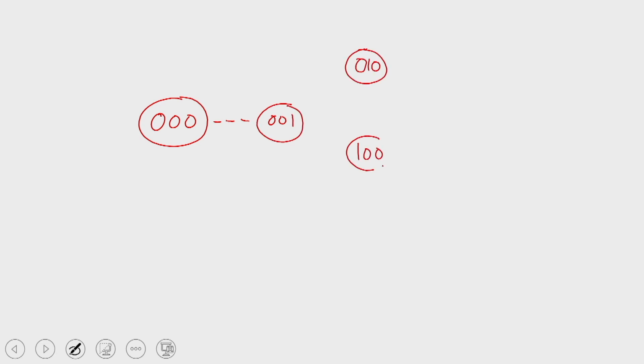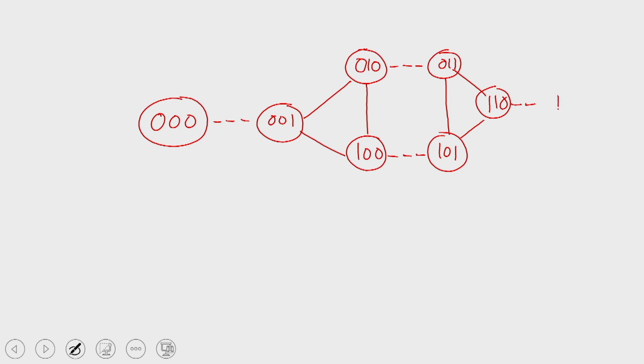Let us consider a three-dimensional shuffle exchange graph. In a three-dimensional shuffle exchange graph, we have adjacencies of this sort. The dotted line represents an exchange edge. A three-dimensional shuffle exchange graph looks like this.